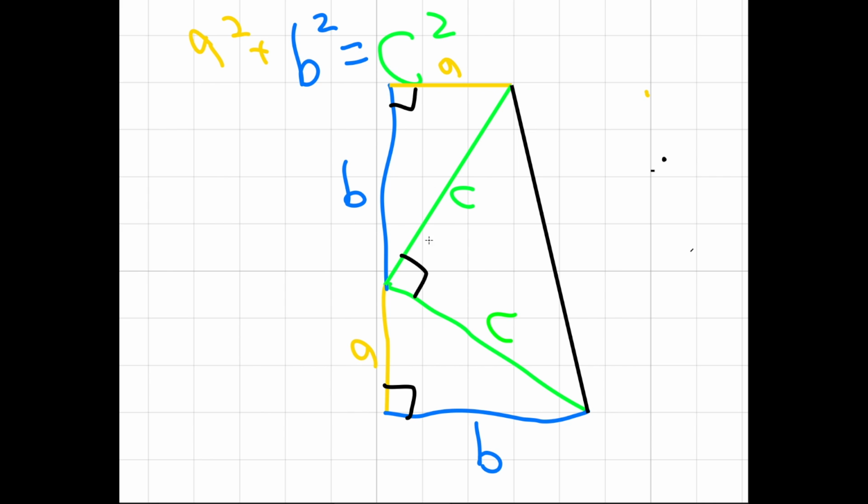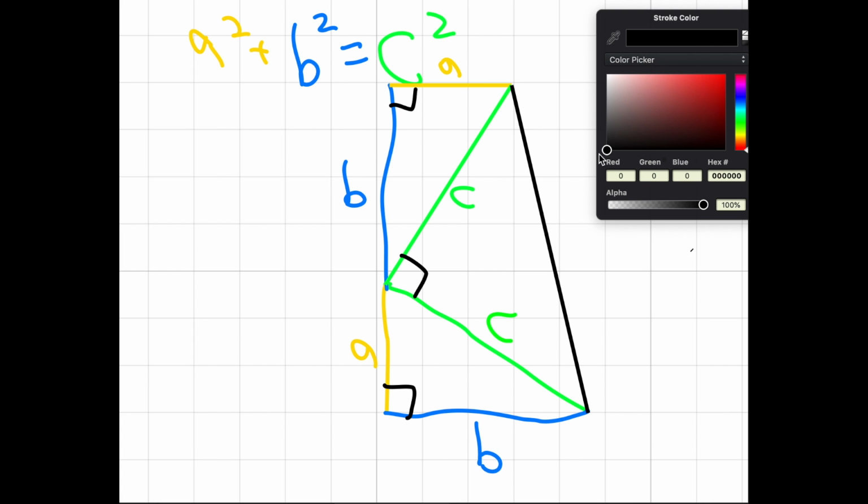Let's start by trying to find the area of a trapezoid. So the area is equal to the height times the two parallel sides divided by 2, or times 1/2.